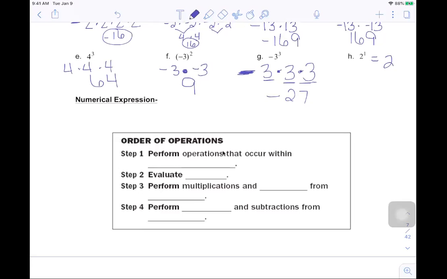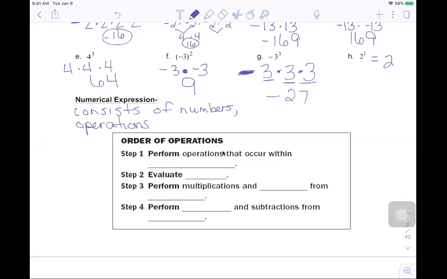All right, so we are going to go over a definition, and then we're going to look at a few problems. We have the words numerical expression, and a numerical expression consists of numbers, operations.